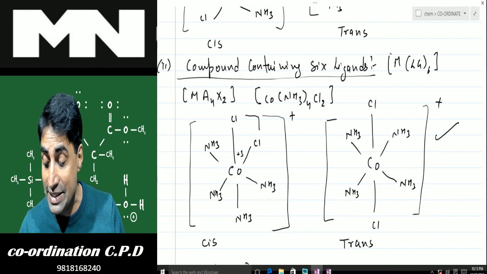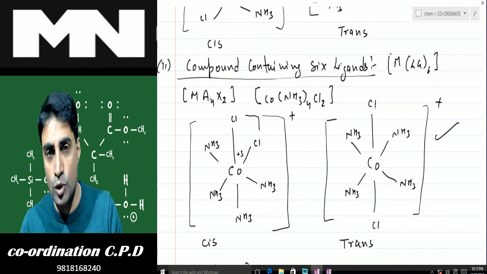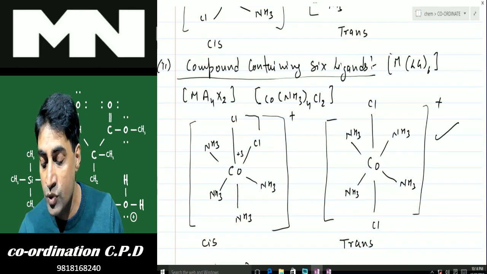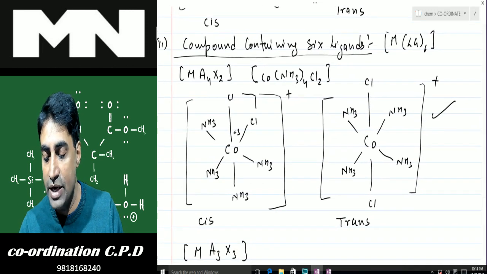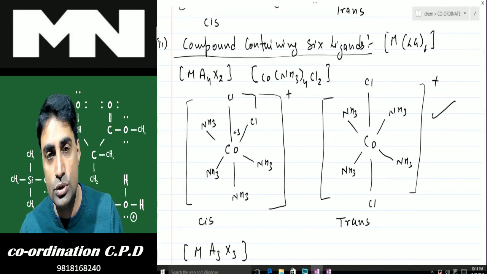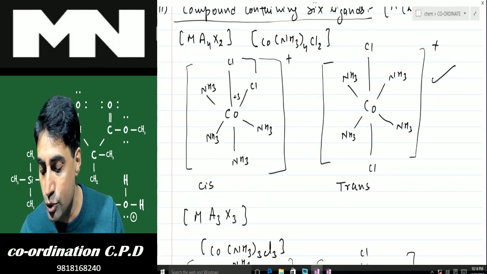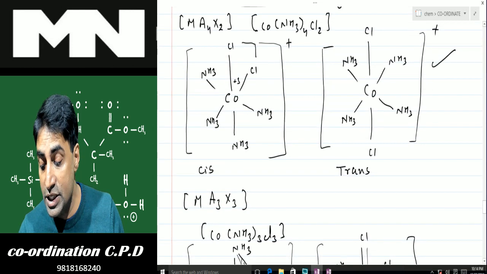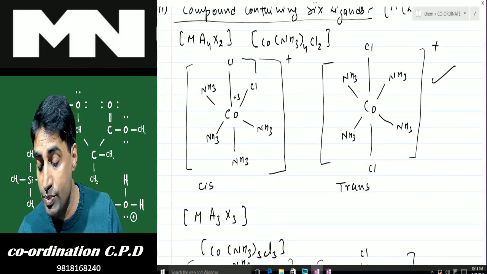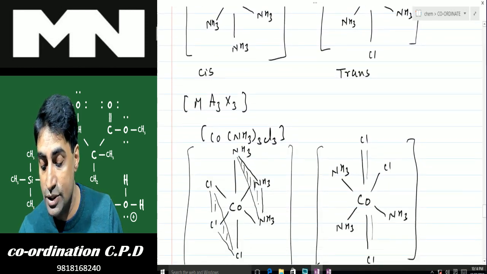For compounds containing 6 monodentate ligands, or octahedral complexes, we can have complexes like MA4X2, that is [Co(NH3)4Cl2]. If the 2 Cl are on the same side, it is cis. If they are opposite, then it is trans. This form with bidentate ligands also exhibits optical isomerism.